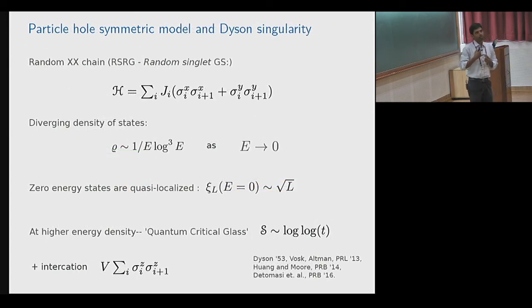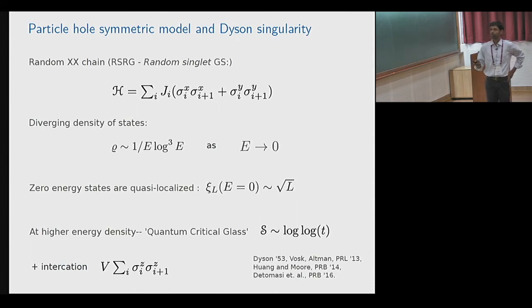It is what happens in the presence of particle-hole symmetry. This is a situation where you can think about a bond which is this. This is the non-interacting model of such a thing. This is a very well-studied model, starting from 53 and so on and so forth. This is called the Dyson singularity. What happens in the non-interacting case already is that at the E equal to 0 state, or close to E equal to 0, the density of states diverges. Non-interacting, nothing about interaction.